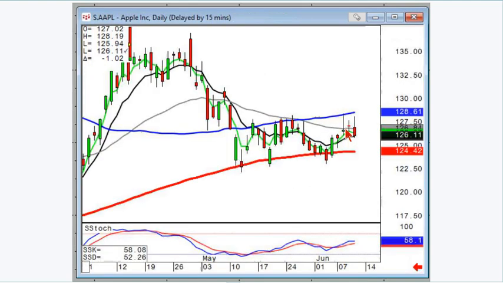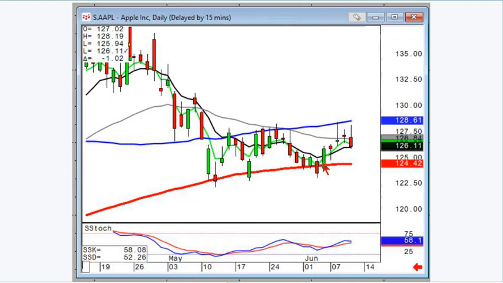Apple, observe the obvious. They were having a hard time getting through the 50. They bounced up off the 200. However, look at what this signal was right here. What was this signal right here? No signal. So what would that imply?